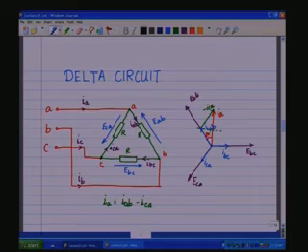Now, if it had been pure capacitive, then the line current here will now lead corresponding to this point by 90 degrees, or we will say IAB is going to be 90 degrees with respect to this here, and ICA, also capacitive, is again 90 degrees with respect to here, and therefore the whole triangle is going to shift by 90 degrees with respect to the current position, which means IA will lead EAB by 60 degrees.